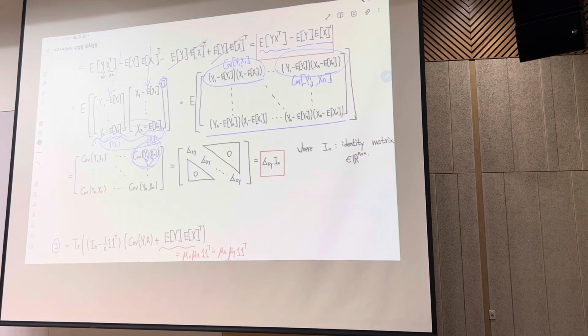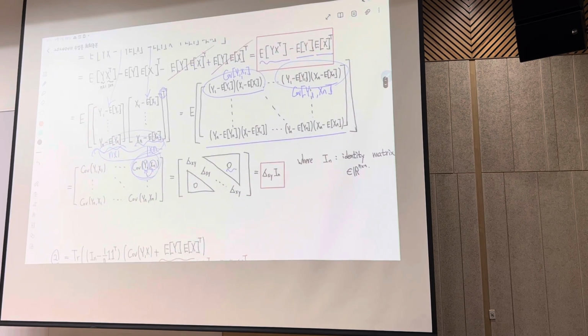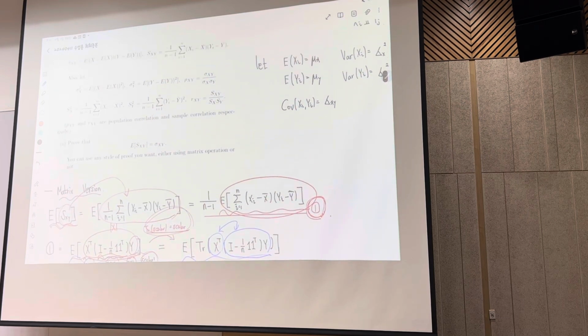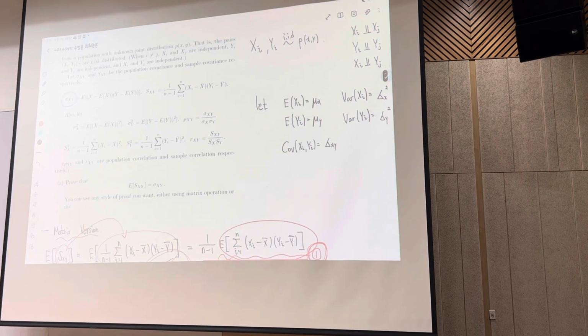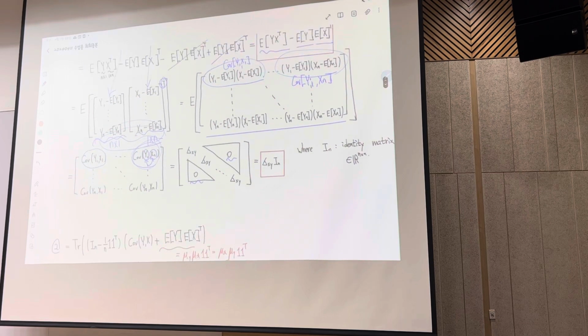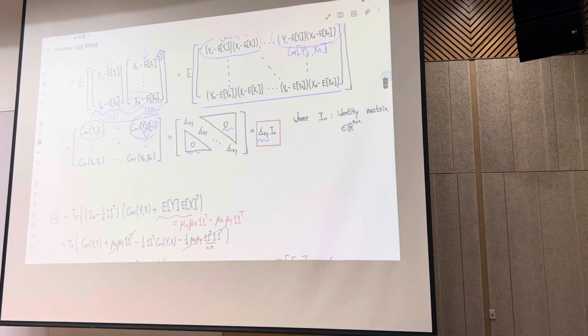So all of the non-diagonal elements of this covariance of y, x will be 0. And covariance of y1, x1 is equal to sigma_xy. So covariance of y, x is equal to sigma_xy multiplied by identity matrix I_n.